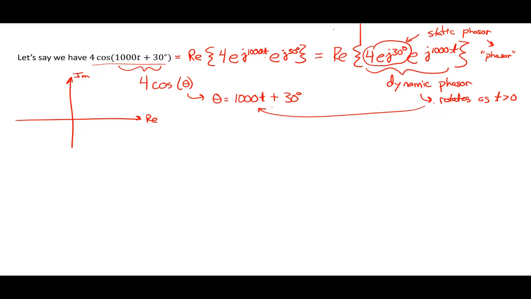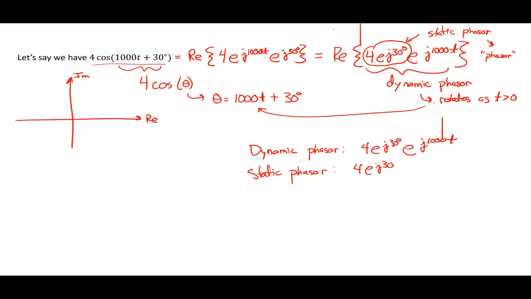Okay? So let's kind of plot this thing here. If I have the dynamic phasor for e to the j 30 degrees times e to the j 1000t, it has a corresponding static phasor of 4 e to the j 30 degrees.